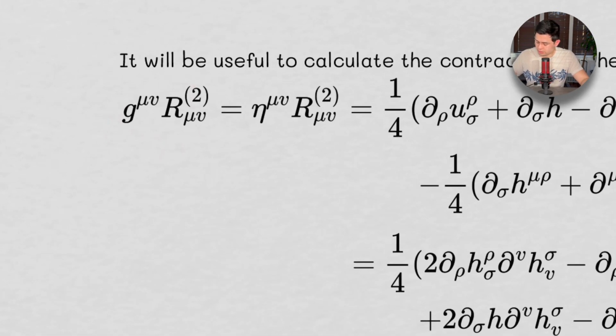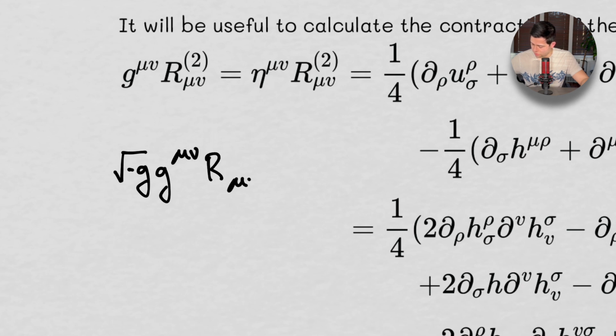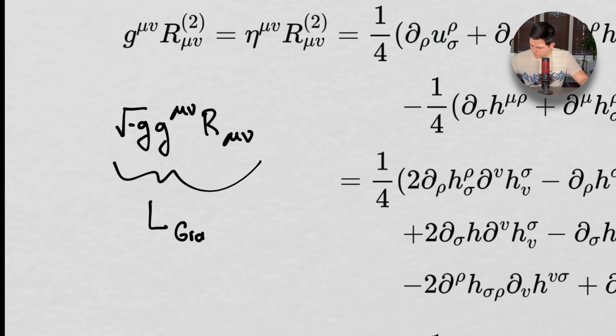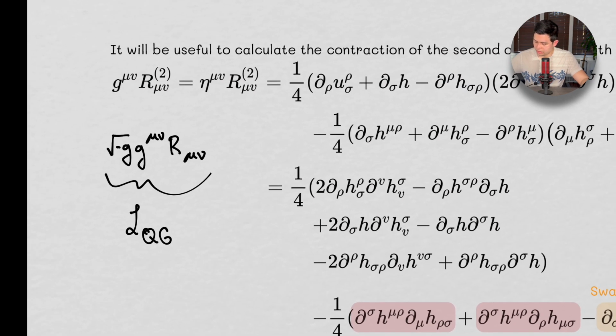The reason we want to calculate it is because later we're going to calculate stuff like this, g mu nu R mu nu, right? Because this is going to be an action for a Lagrangian, a quantum gravity Lagrangian, right? So we want to calculate this here.